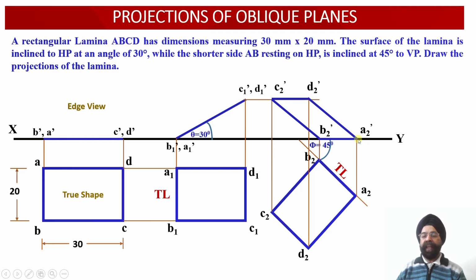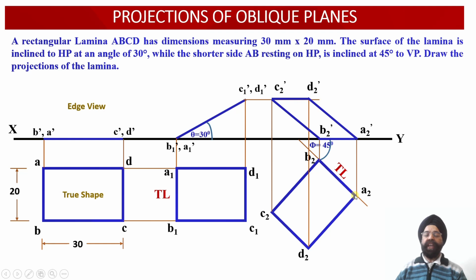Now we can join all of these 4 points, and this is the final front view projection of the oblique lamina which rests on the ground onto its shorter edge AB, and this shorter edge is further inclined with respect to the vertical plane at an angle of 45 degree.